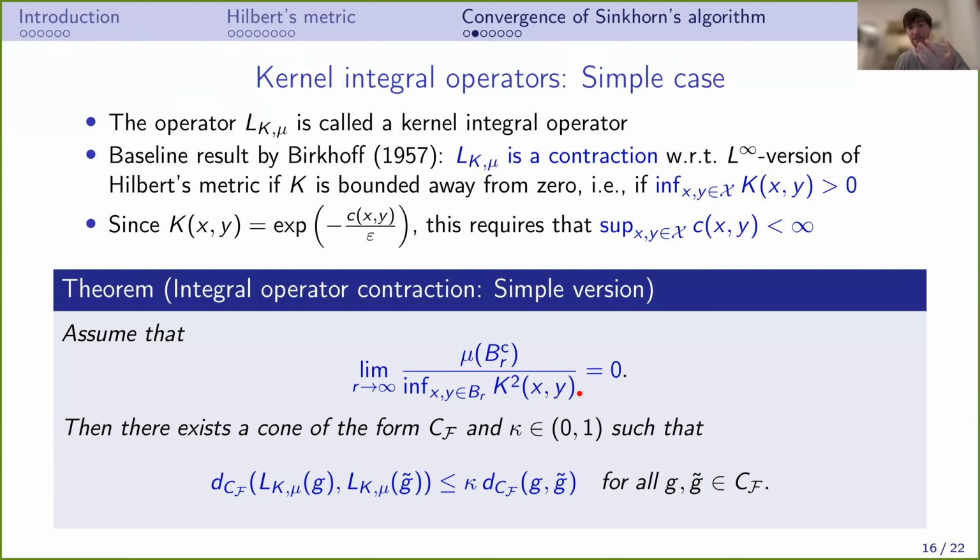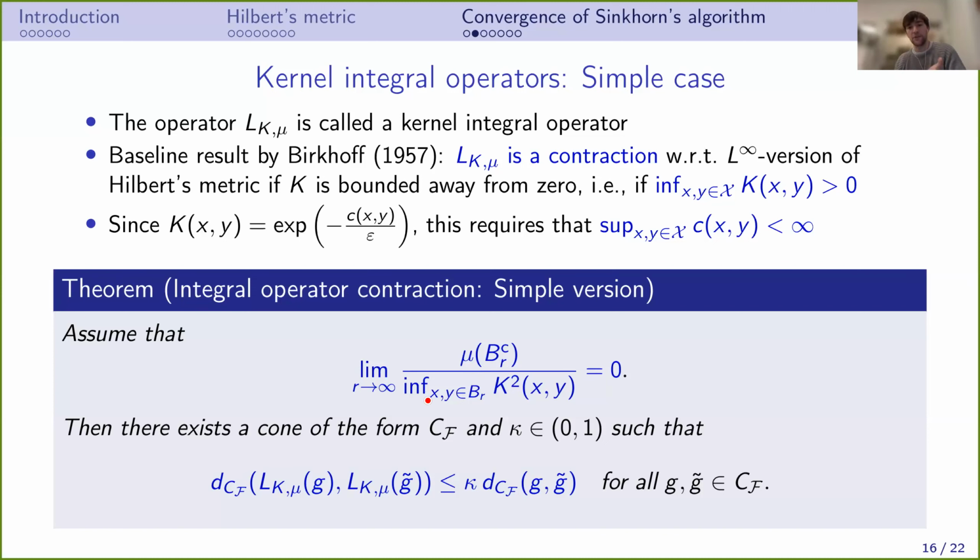And I just want to emphasize that this is really a weaker condition than k being uniformly bounded from below. Because if k is uniformly bounded from below, then this term in the denominator is strictly positive, so it's bounded away from 0 as well, whereas this term here converges to 0.